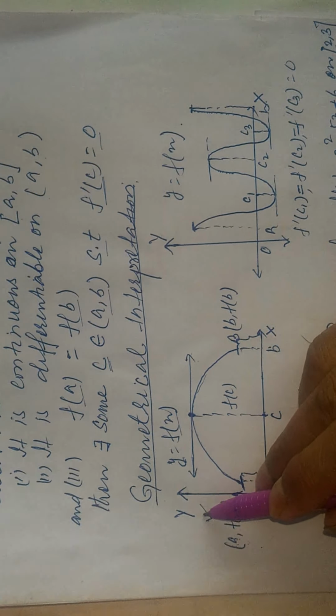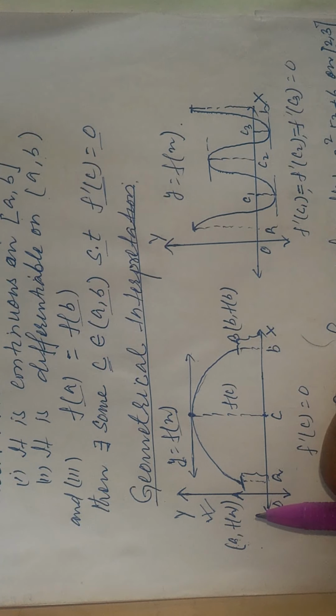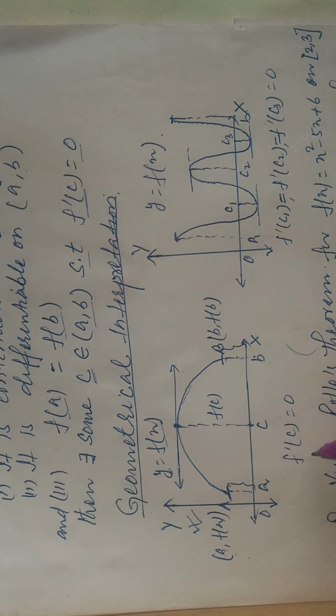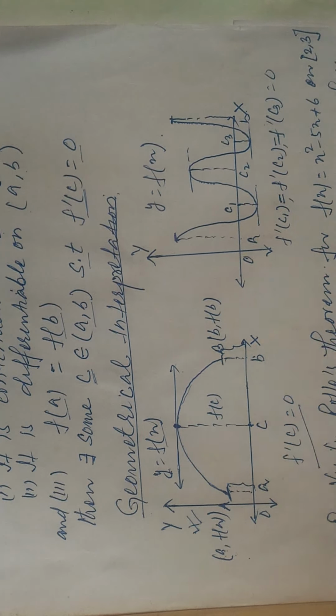This is the geometrical meaning. If the conditions of Rolle's theorem are satisfied, then we find a point in the open interval where the derivative of the function is 0, or the tangent at the point is parallel to the x-axis. Again, we are saying at least one point.